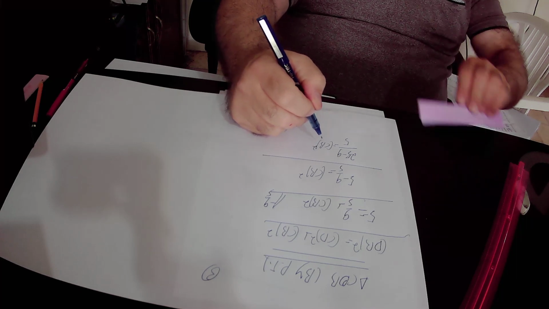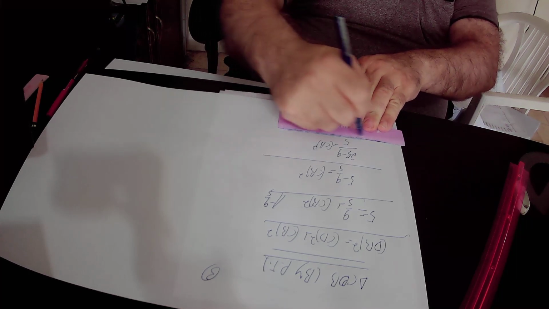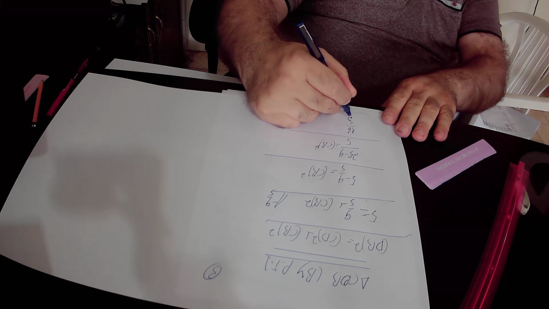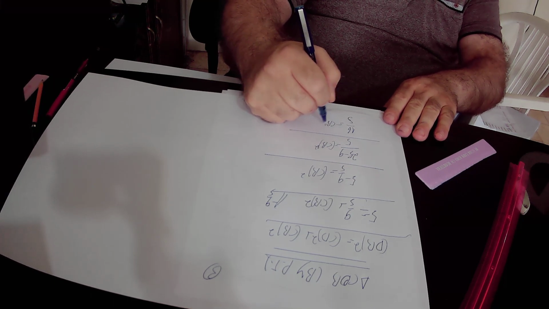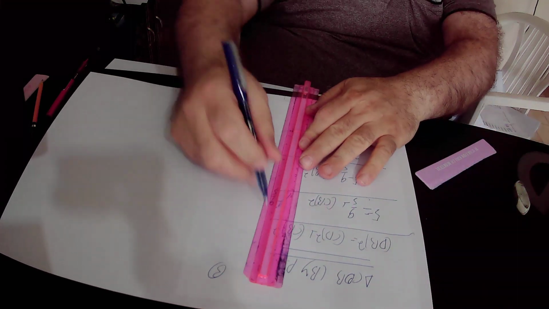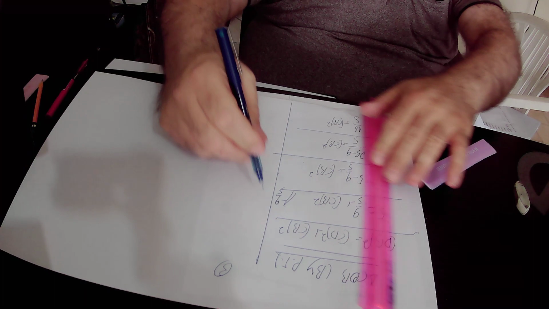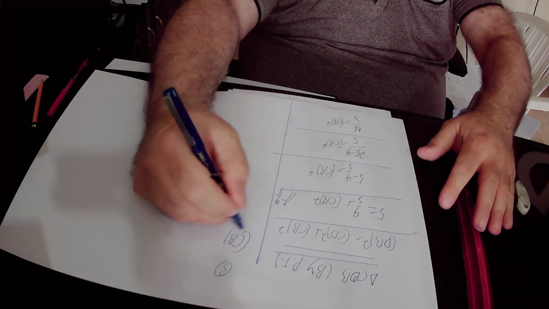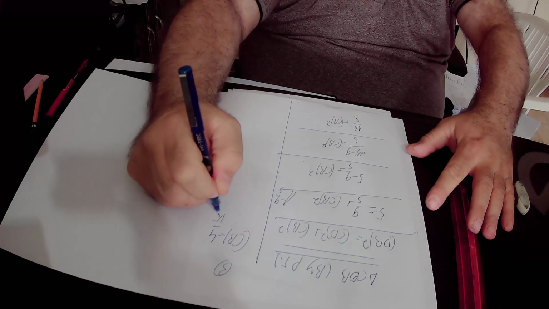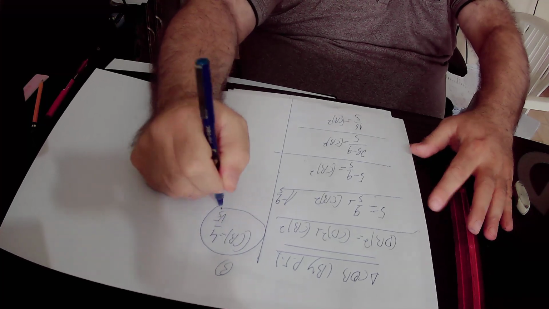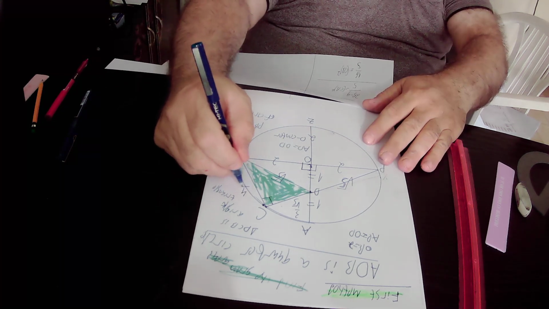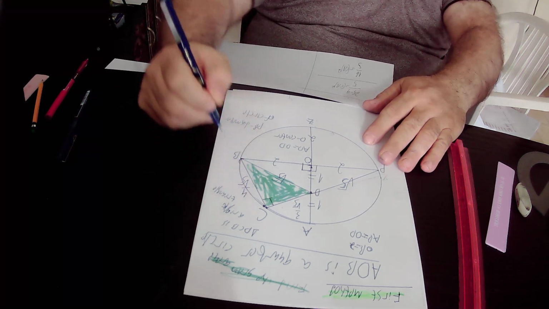So here 25 minus 9 is 16. So we have 16 over 5 that is equal to CB squared. Here we take a root of this equation, and we get that the missing line segment CB actually equals square root of 16, which is 4, over square root of 5. So we found out that the length of line segment CB equals 4 over square root of 5 units.